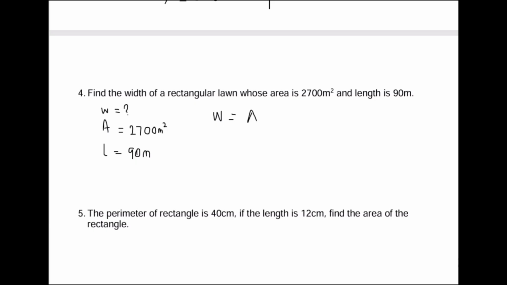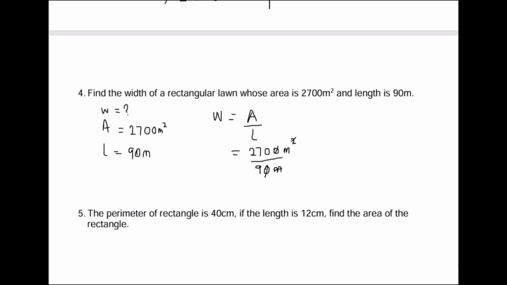Width equals area divided by the length. So we have 2,700 meters squared divided by 90 meters.